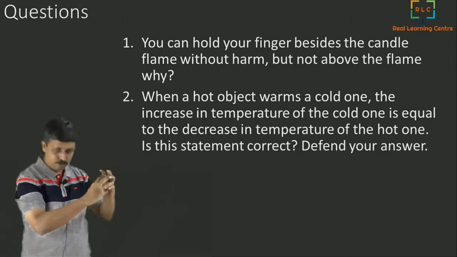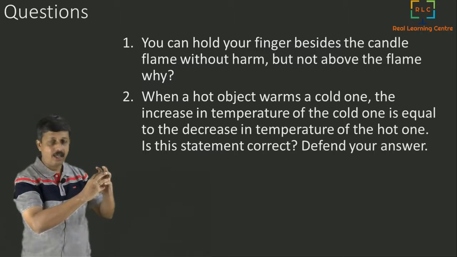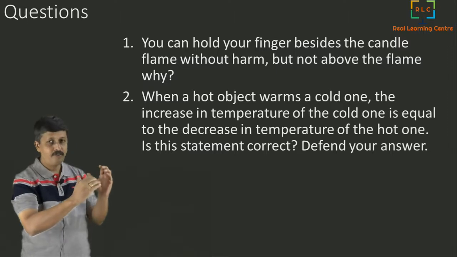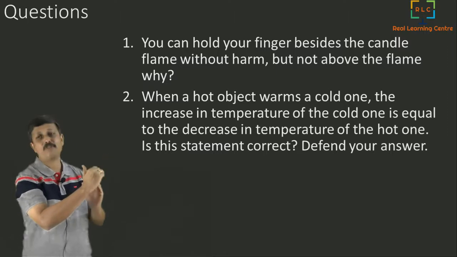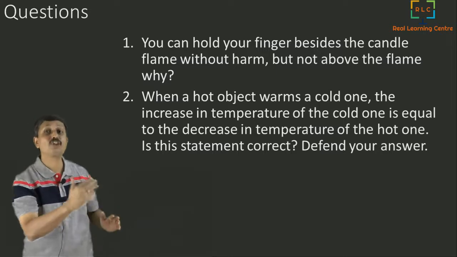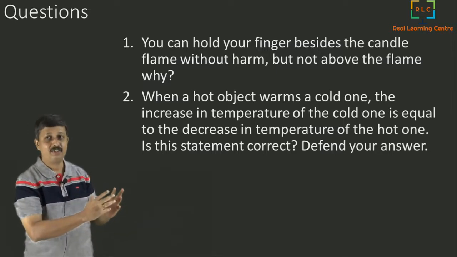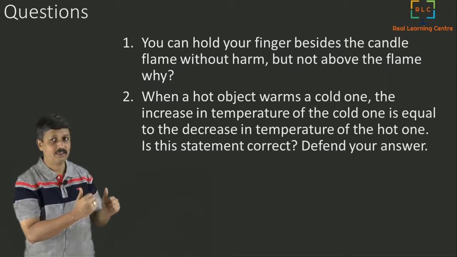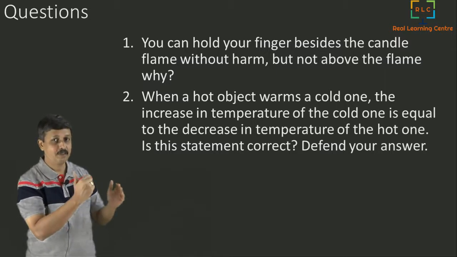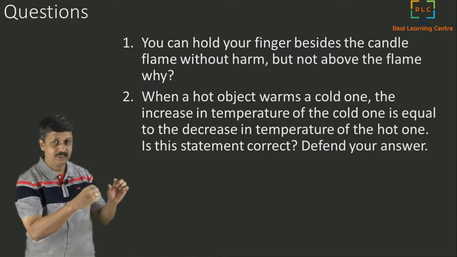If you put them together, now 100 will become 75, 50 will become 75. So that means this decreased by 25, this increased by 25. Okay, is this true? Does it average like that? Think about it and answer. It's a tricky one. Does it become equal? Decrease here and increase here.